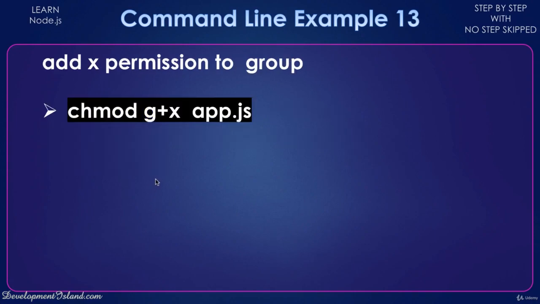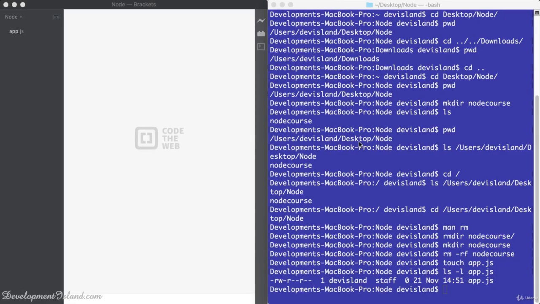Now you can add a permission to a type of users. So let's say that we want to add the execute permission to the type group. So to do that, use the command change mode, or chmod. So let's try that. So chmod.